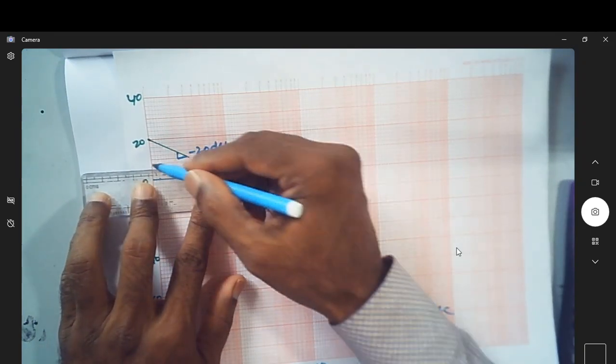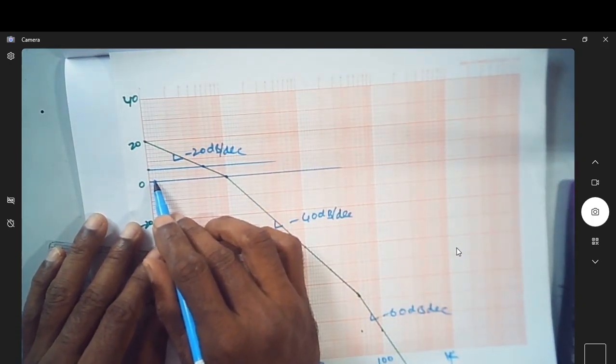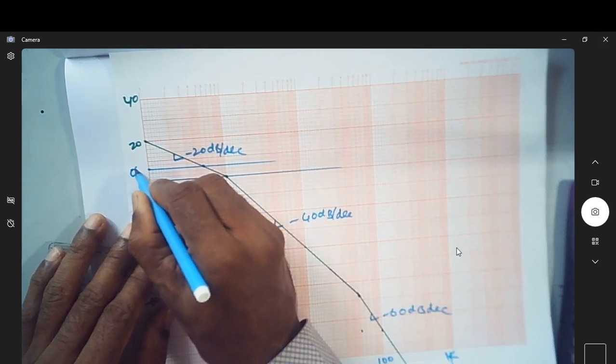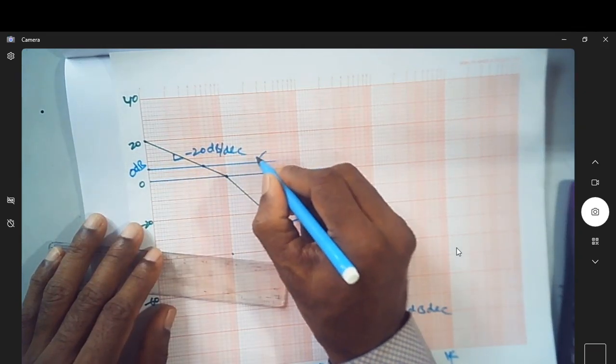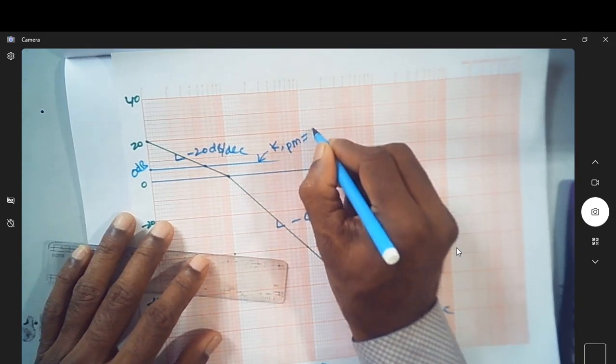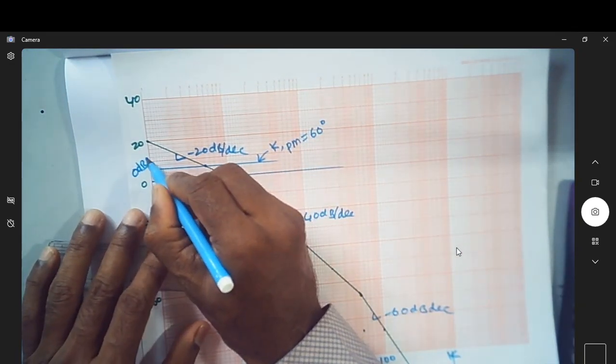Correct? Have I shifted the 0 dB line by 6 dB above? Is this now the 0 dB line for a K which will give a phase margin of 60 degrees? This is the new 0 dB line.